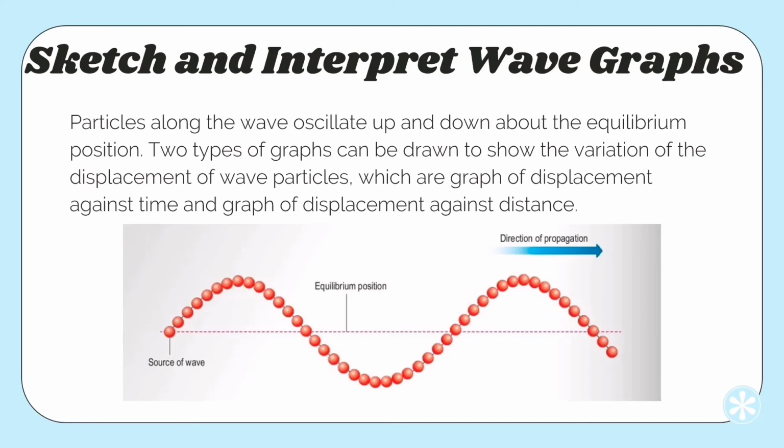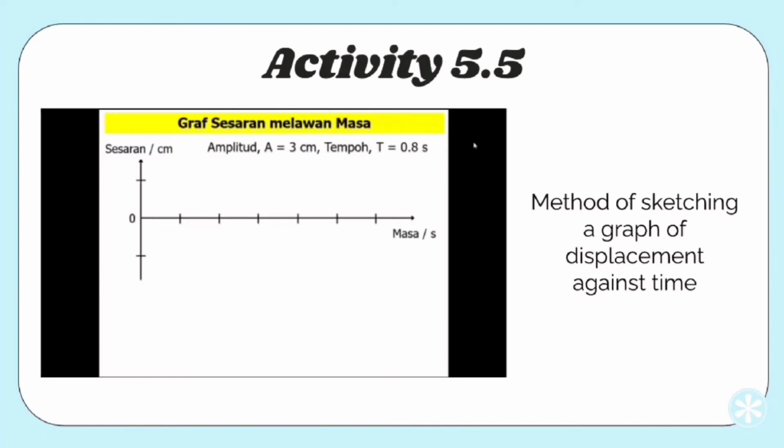Sketch and interpret wave graphs. Particles along the wave oscillate up and down about the equilibrium position. Two types of graphs can be drawn to show the variation of the displacement of wave particles, which are graph of displacement against time and graph of displacement against distance. Activity 5.5.